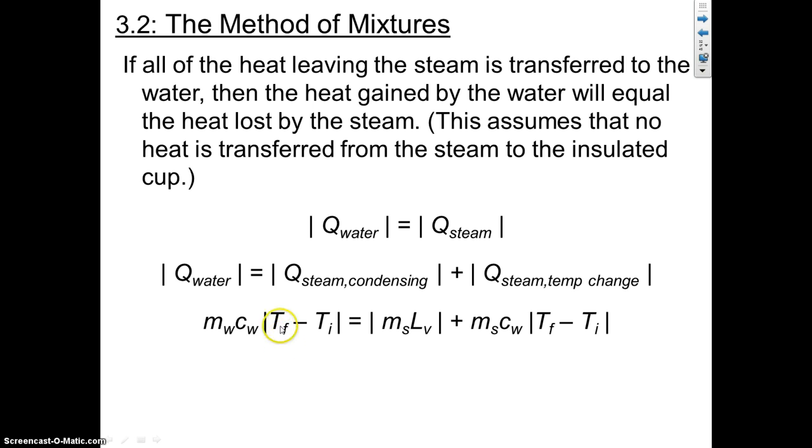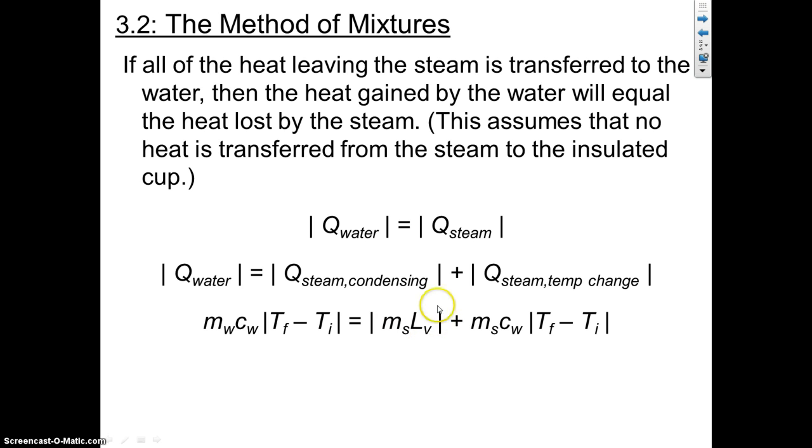We know the final temperature of the water because we measure it with a thermometer, and that's the same as this T_F here. We know the initial temperature of the water because we measure it with the same thermometer. We know the mass of the steam. We got it by taking the total mass of all the water at the very end minus this mass. That's what this is. And same m_s term here. Again, we know the specific heat of water, and here's our last variable.